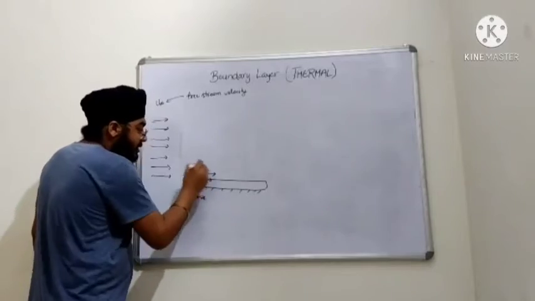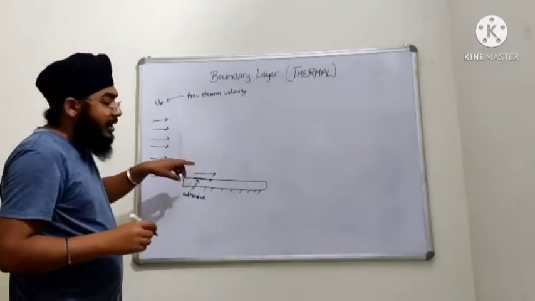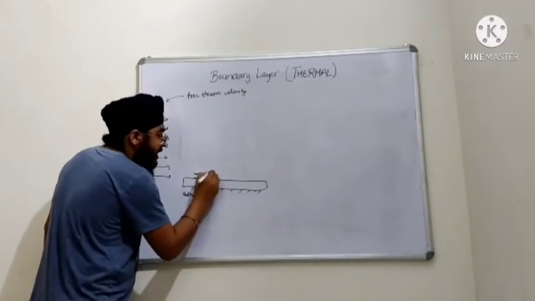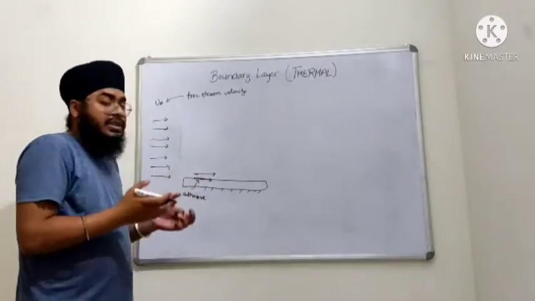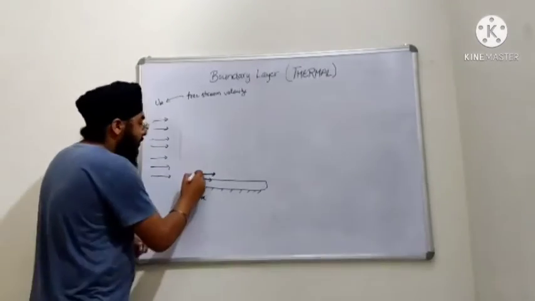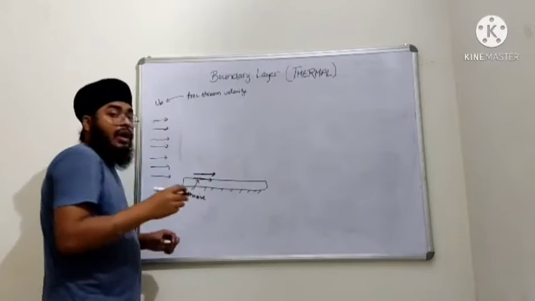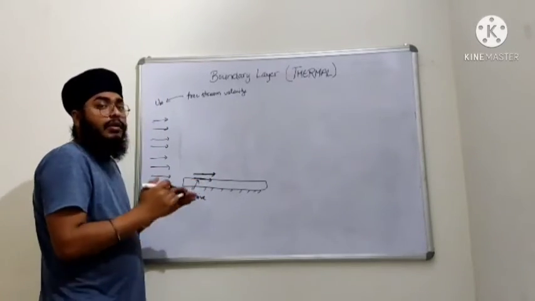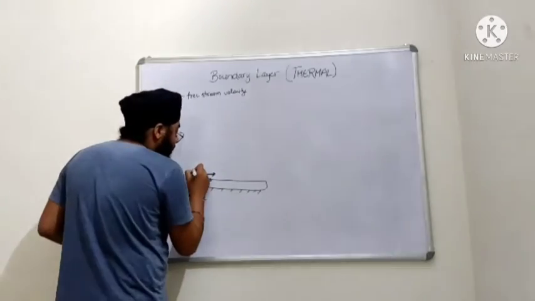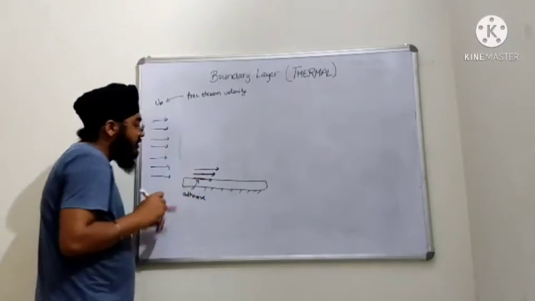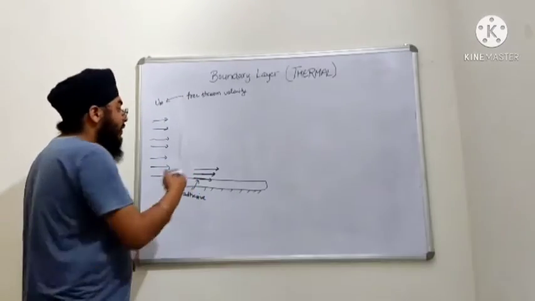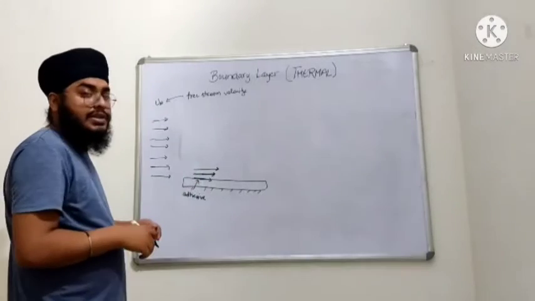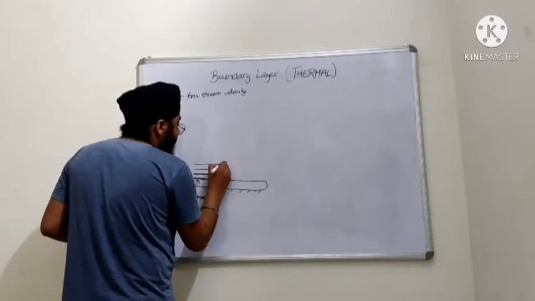This second layer will also affect the third layer, whose velocity will be affected also because of the viscosity, and so on.